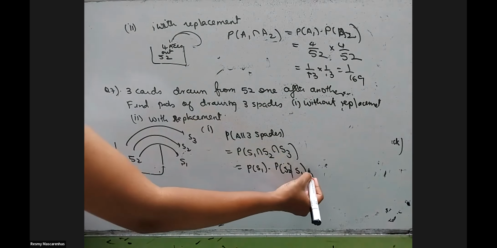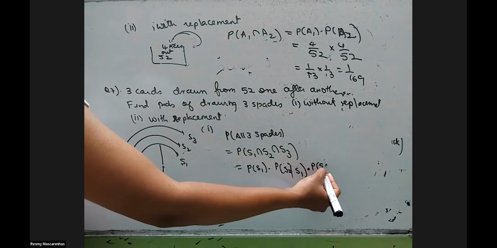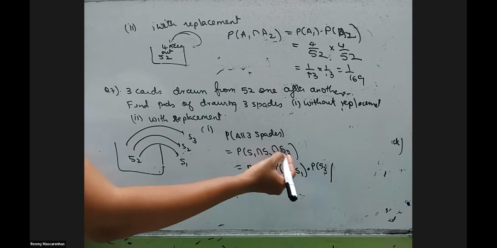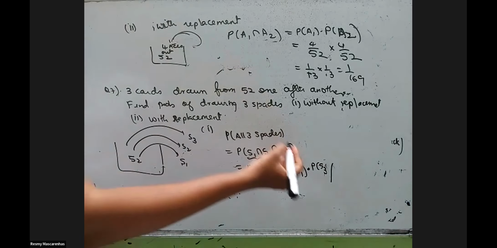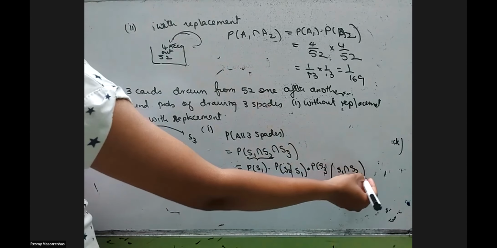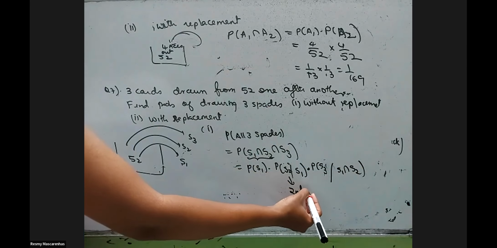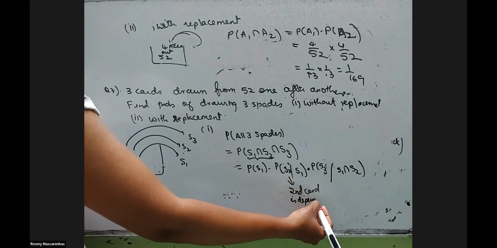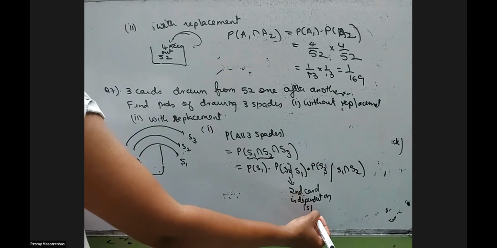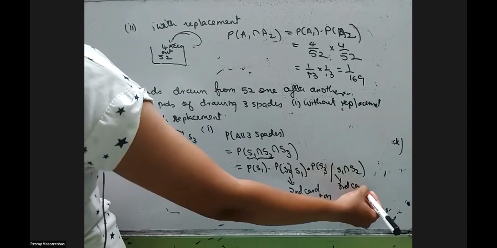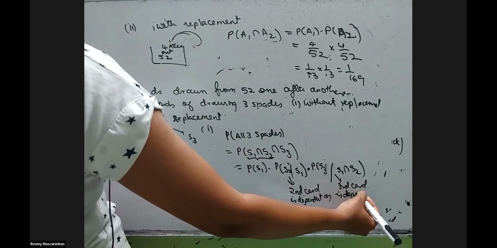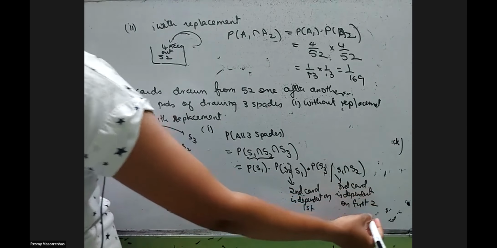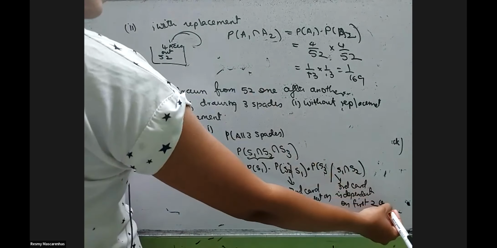And then when you go to pick the third one, the third one is dependent on the first two cards.